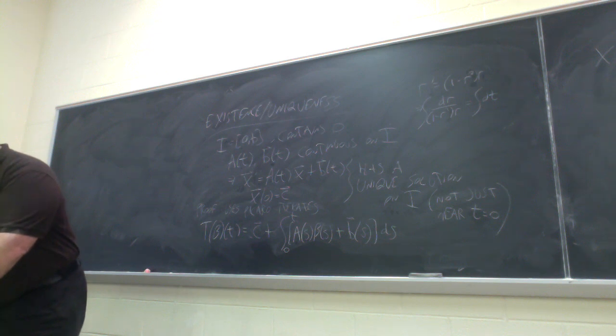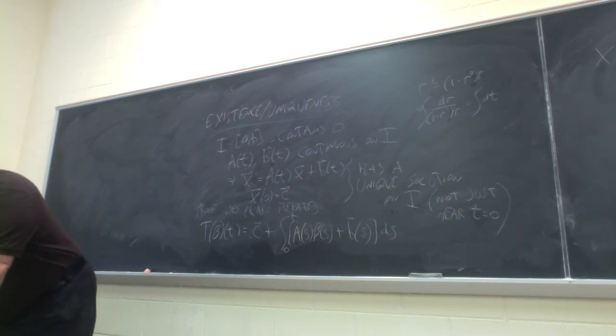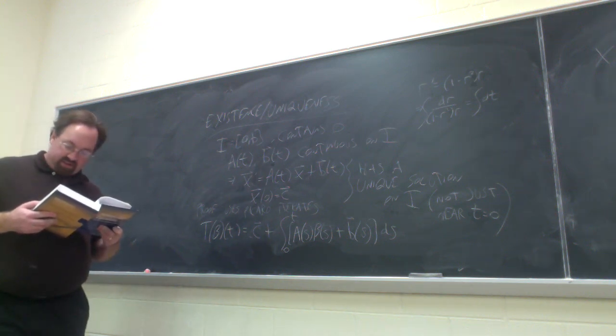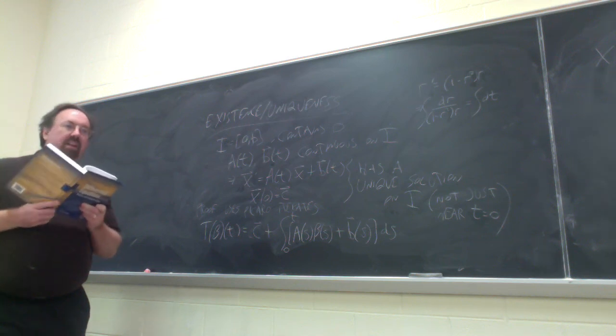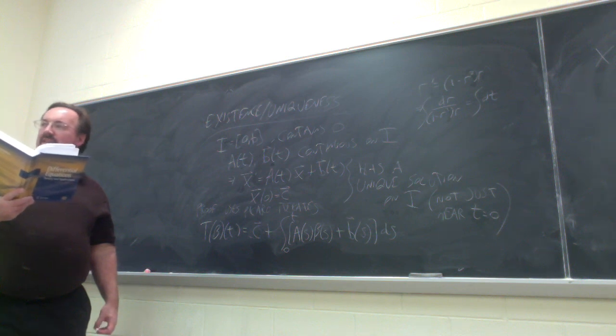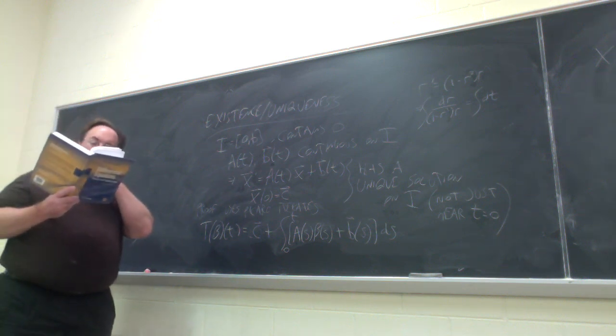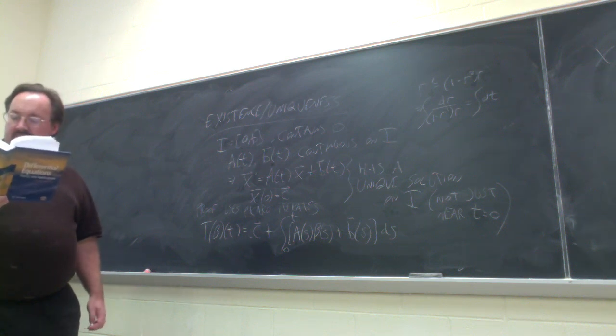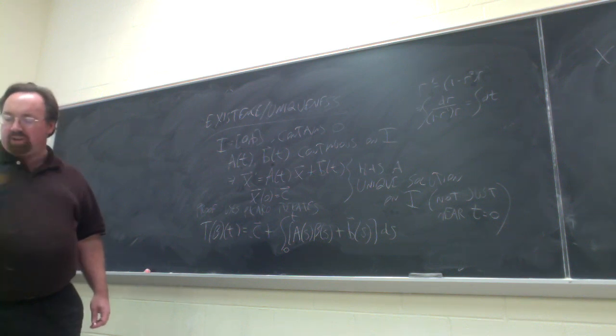Now the thing to keep in mind is that R naught is any value that's not equal to a fixed point, so not equal to 0, 1, or -1. And you're supposed to show that as t goes to infinity, alpha t goes to 1.